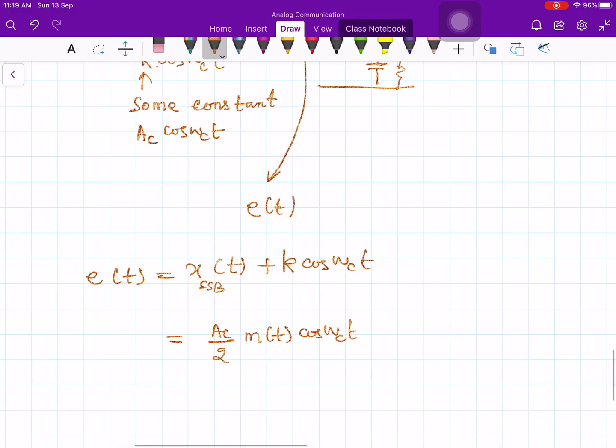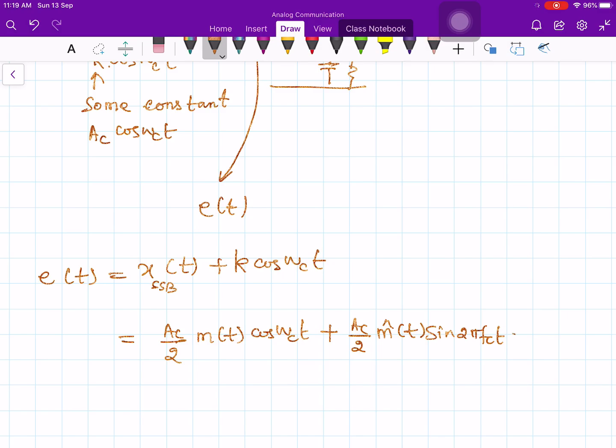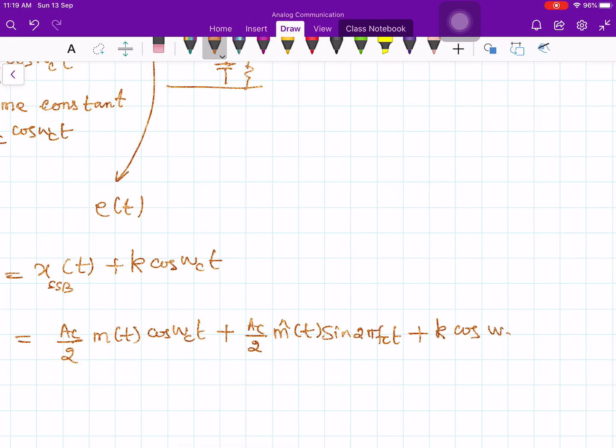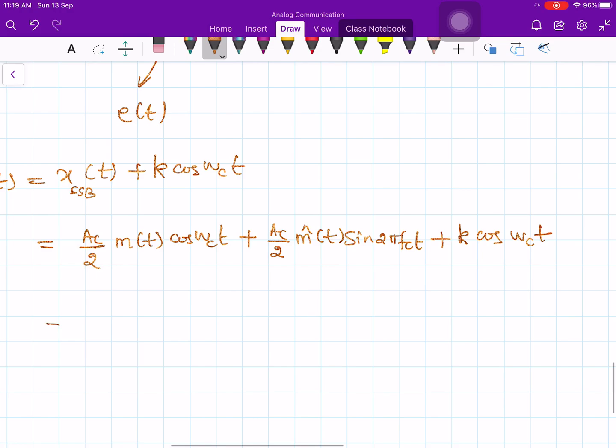We are retaining the lower sideband, so I will put plus here. AC by 2 m cap of t, Hilbert transform of m of t, sin 2 pi fct, the whole added with the carrier component k times cos of omega ct.